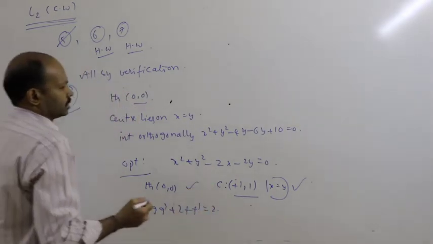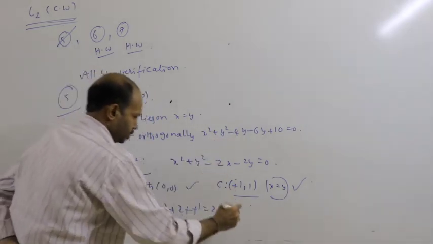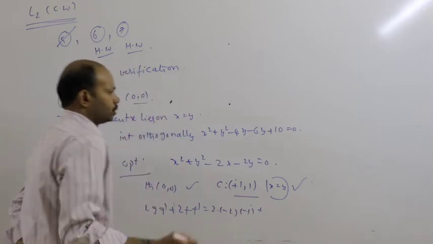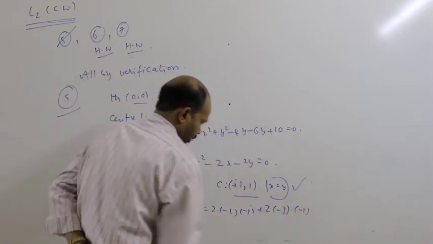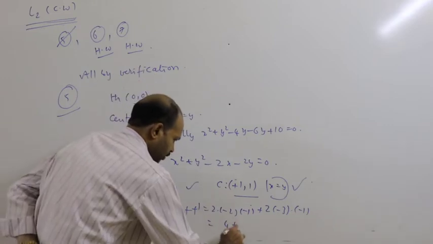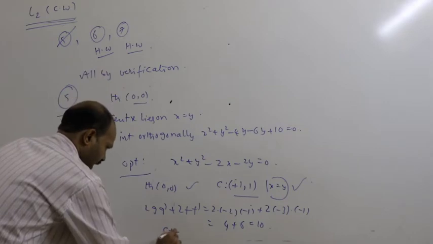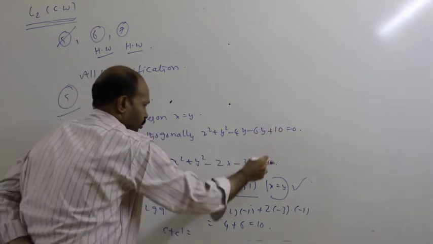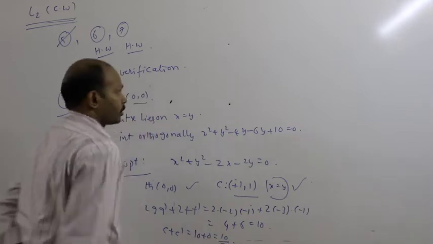What is g? Minus 2. What is g dash? Minus 2. Minus 1. 2f f dash, 2 into minus 3 into minus 1. How much is it? 4 plus 6, 10. What is c plus c dash? 10 plus 0 is equal to 10.